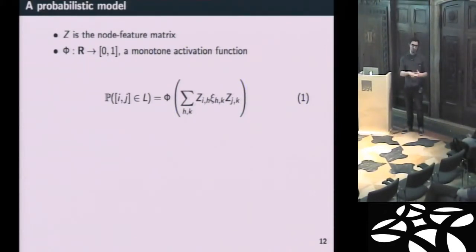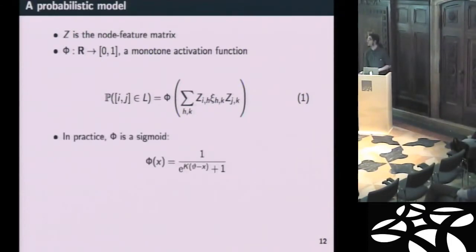So all the features of the first node, all the features of the second node, and we sum all the elements of the matrix corresponding to these features. So basically what happens here is that the matrix Xi acts like a kernel in the outer product of these two binary vectors, and it then gets translated by the activation function into a probability.